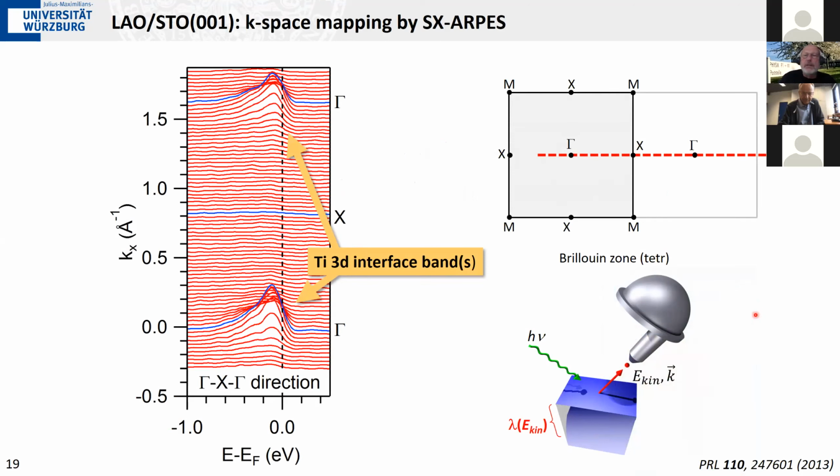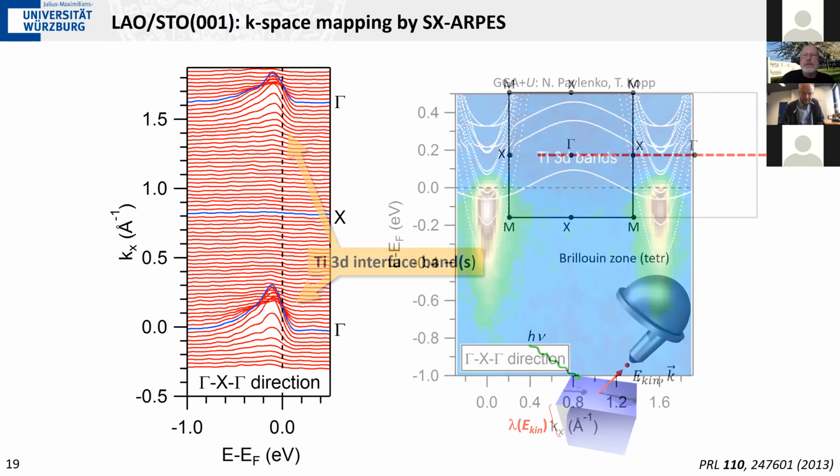And if you do this, and for example, if you track the evolution of the momentum along this line in the Brillouin zone from gamma to X in the rectangular surface Brillouin zone and then into the next zone, you see these kinds of spectra here. You see as you go along the path here some intensity around zero momentum, and then it's decaying again. You have virtually no emission, and then you go into the second zone and reach the second gamma point, and you see again intensity popping up.